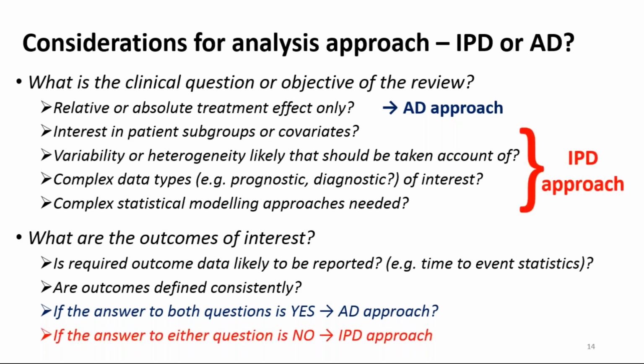If you have any of the other scenarios, so if you're trying to do anything more complicated than simply estimating relative or absolute treatment effect, or if there is any chance that outcome data isn't going to be reported well or consistently, then an IPD approach is probably the more sensible approach to take.